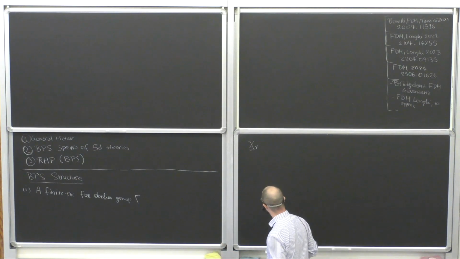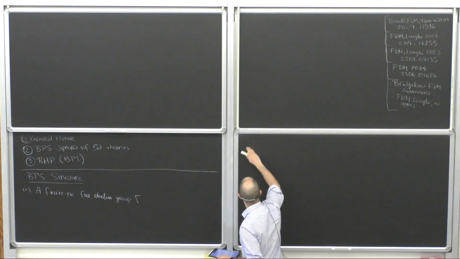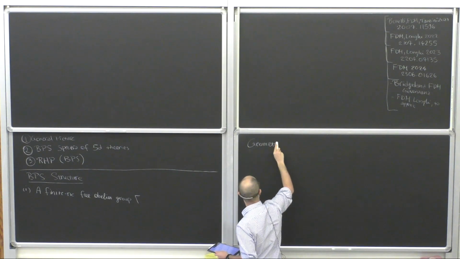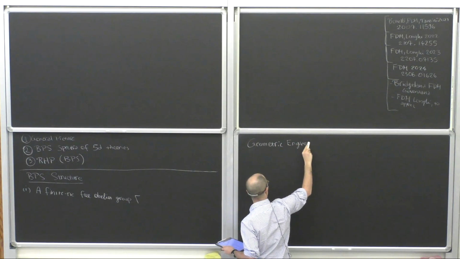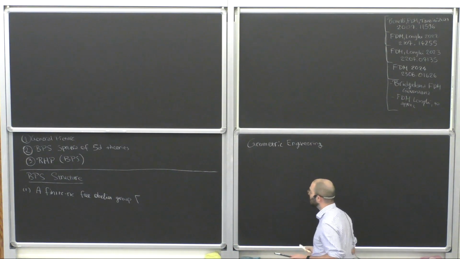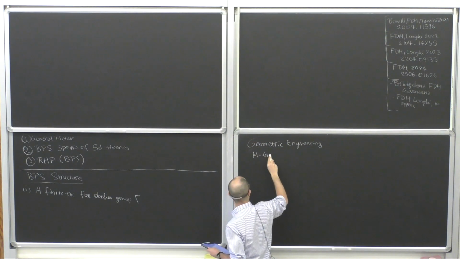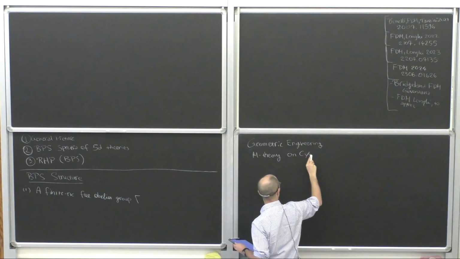Now, the picture that I'll have in mind will be that of geometric engineering. So in this context, we have M theory on a Calabi-Yau threefold.